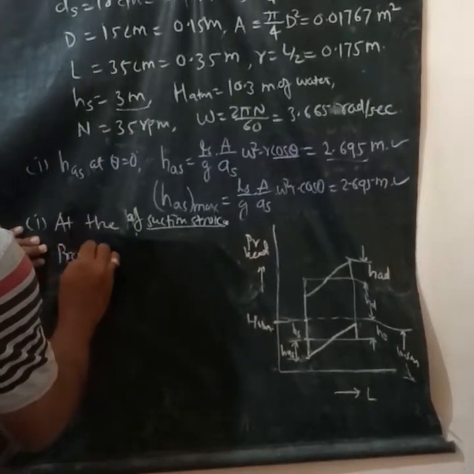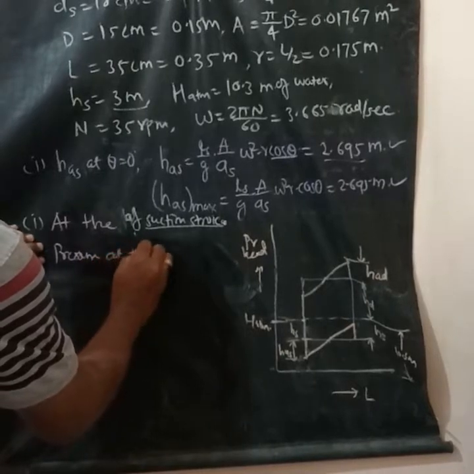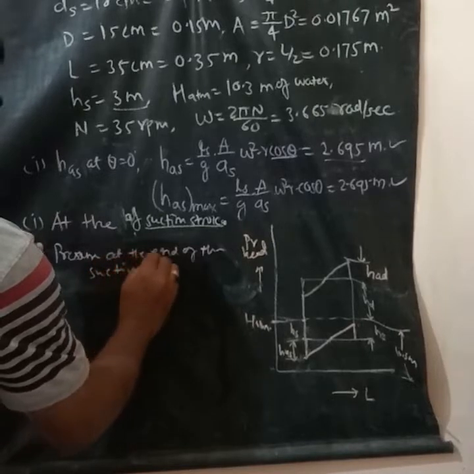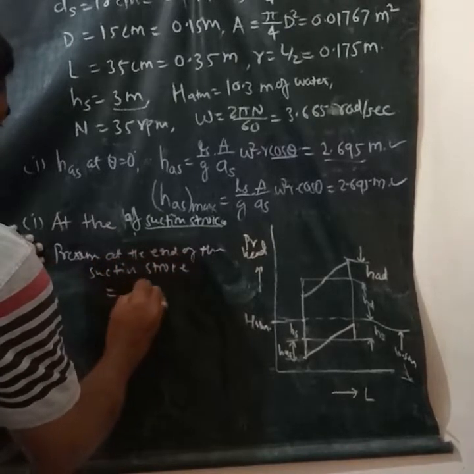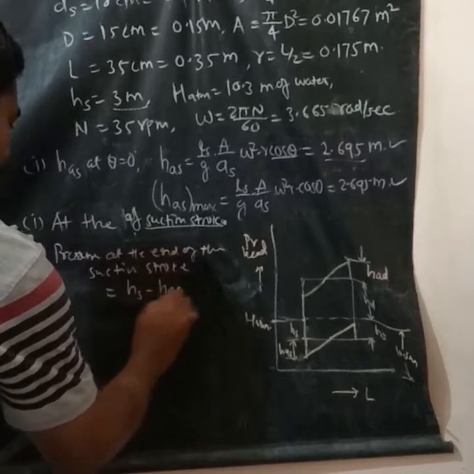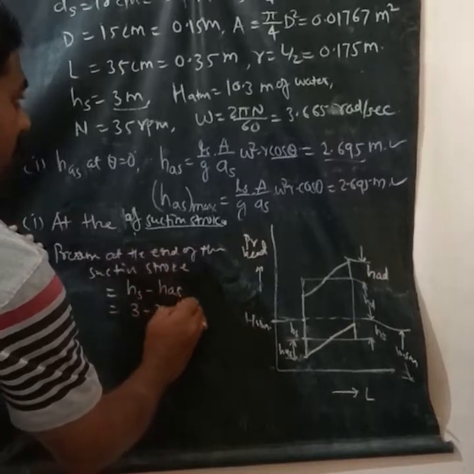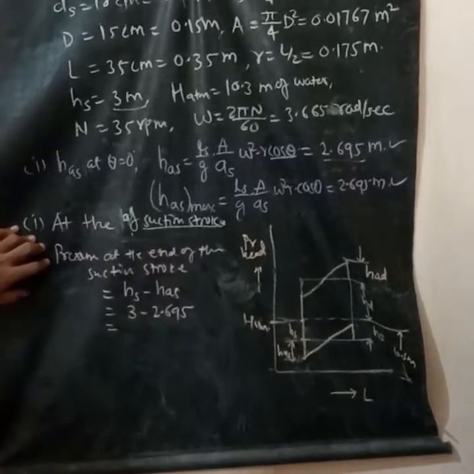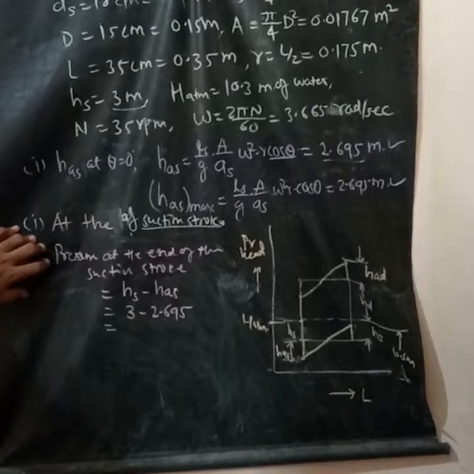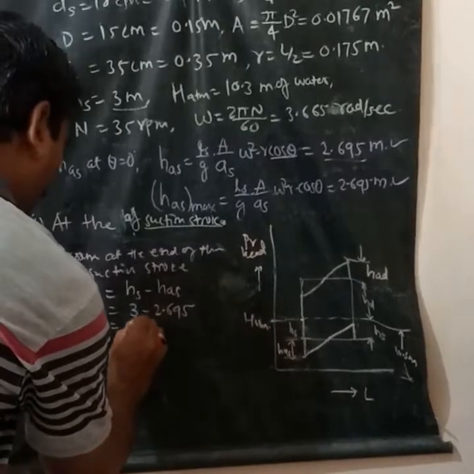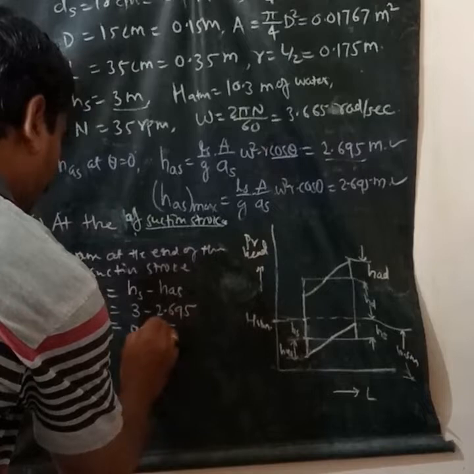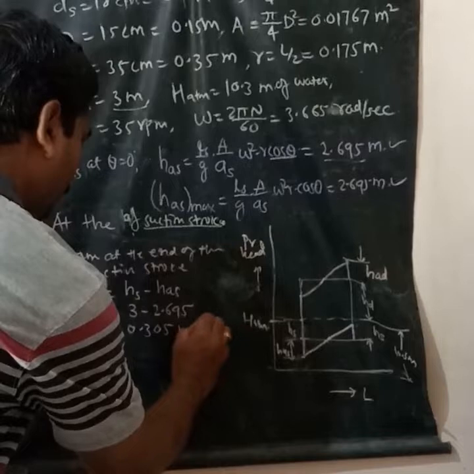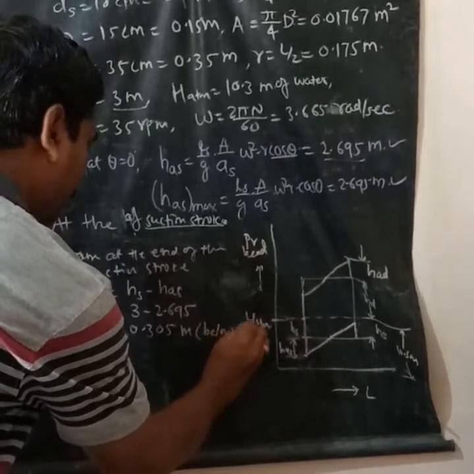The pressure at the end of the suction stroke will be equal to HS minus HAS, 3 minus 2.695, which equals 0.305 meters, which is below atmospheric pressure.